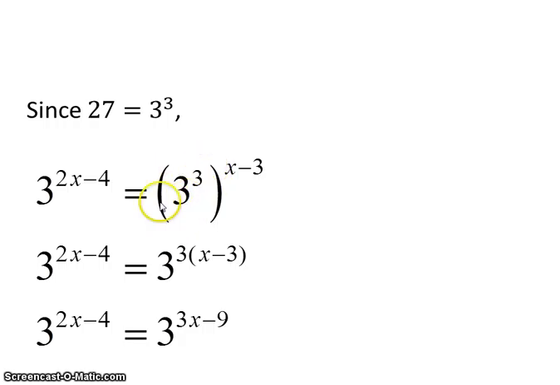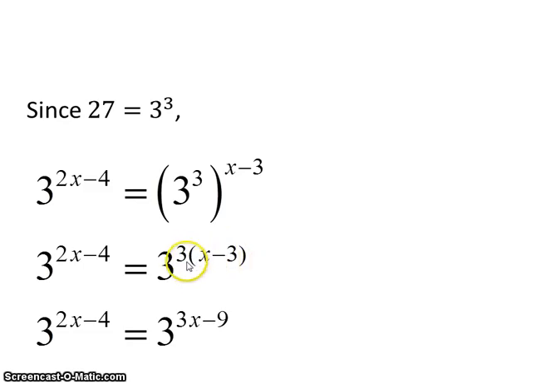And from here, we recall a property of exponents that we already know: if we have some base number to some power raised to another power, we just multiply the two exponents. So that gives us 3 to the 2x minus 4 is equal to 3 to the 3 times (3x minus 3).